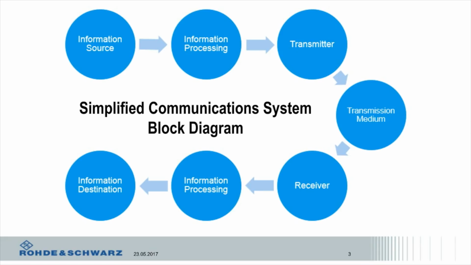Looking at this slide, you'll see this is a simplified diagram indicating the steps in the communication system process. In the top left-hand corner, there's some sort of information source, and the simplest case originally was really voice, people speaking to each other over wireless or wire. Obviously, it started out over wire.